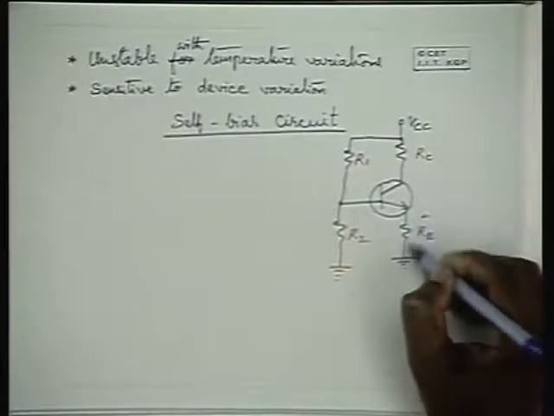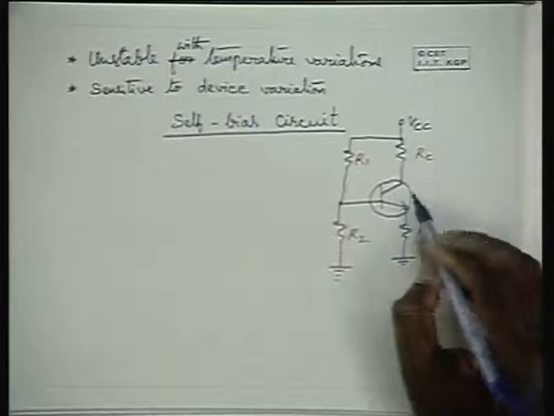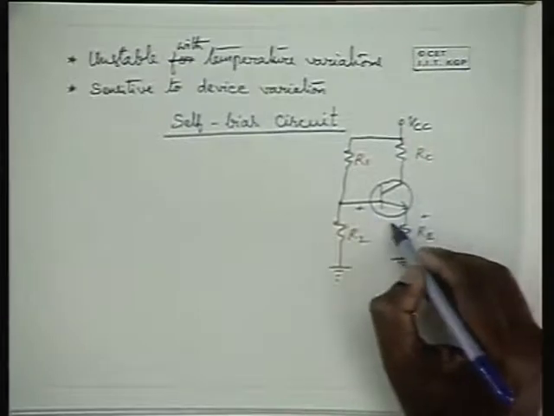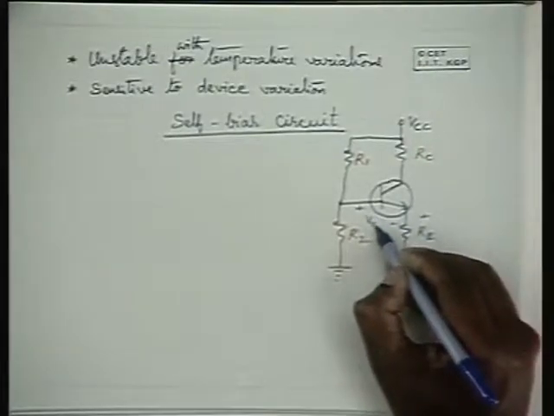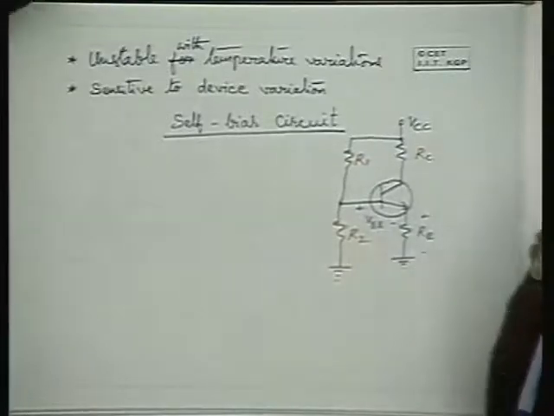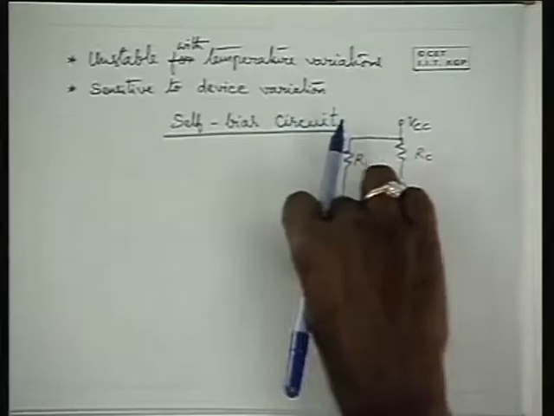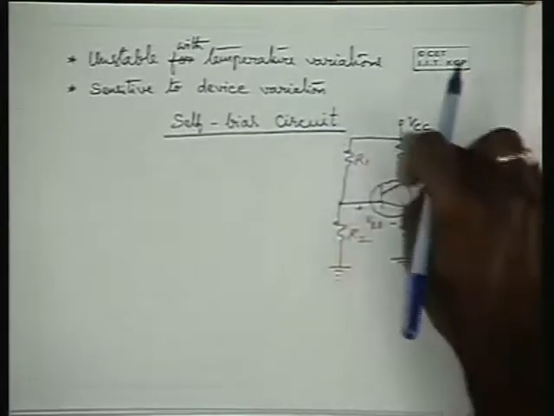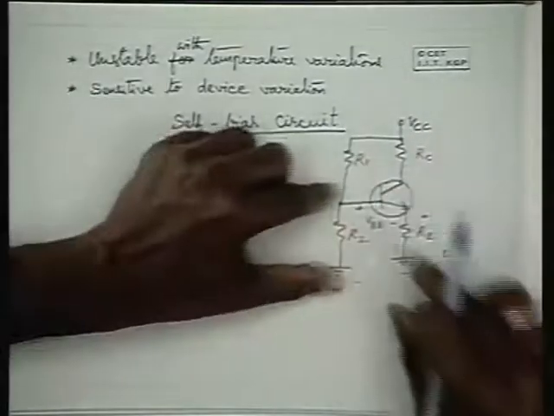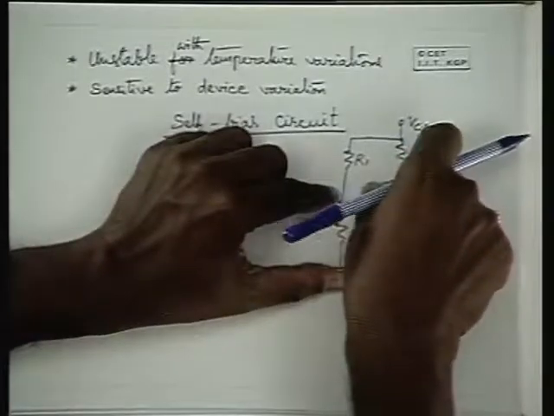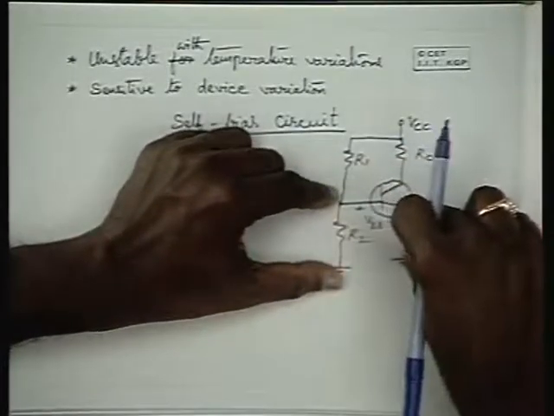When the voltage drop across the emitter resistance increases, what happens to the voltage drop across the base to emitter junction?